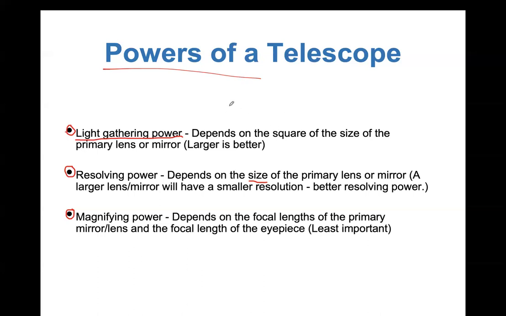If I write a proportionality, for the light gathering power, this is going to be LG for light gathering, and this one is going to be proportional to the area. That's the area in square meters. You look at that mirror, it's a circle, so it would be pi r squared, the area of a circle. But I'll just write area, and the same for a circular lens.